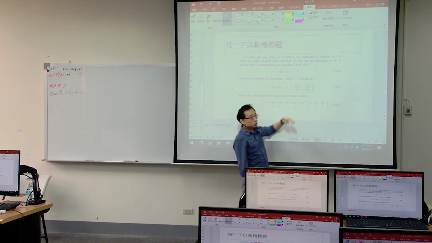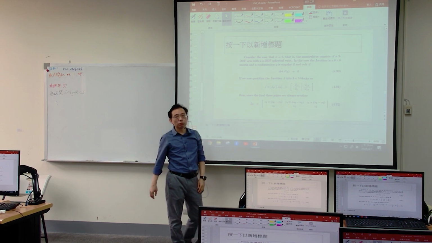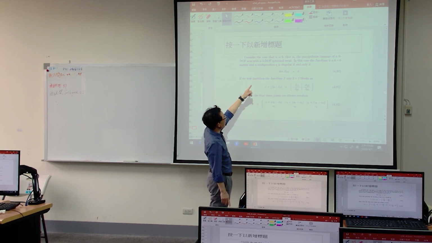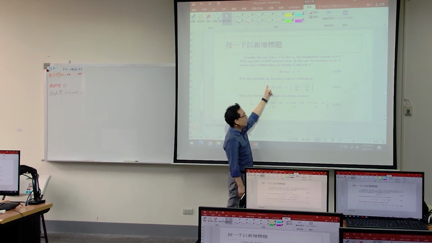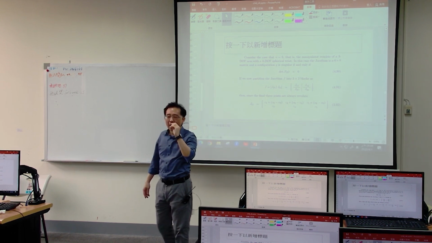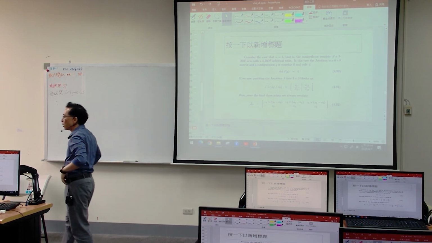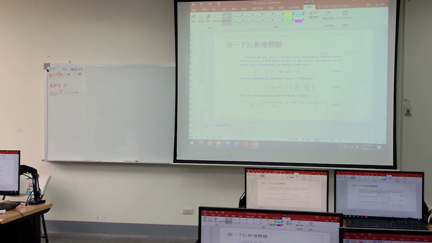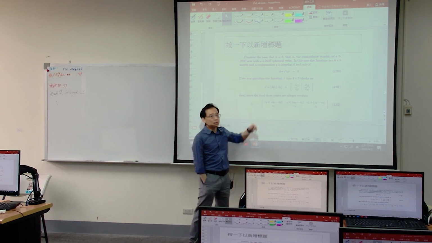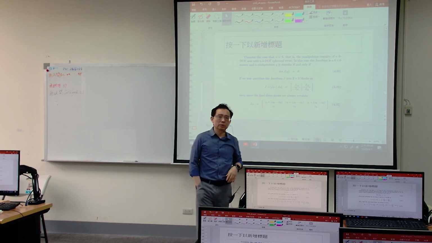Over here they also further divide it into matrices. The first question: for n equal to 6, how many dimensions does J have? 6 by 6. Great. Anyone know why?